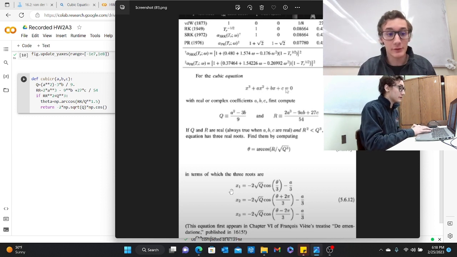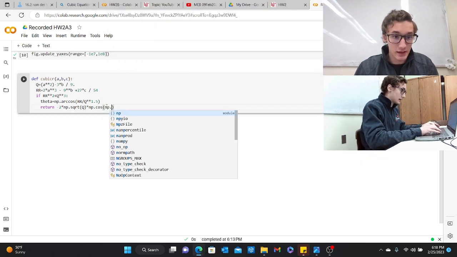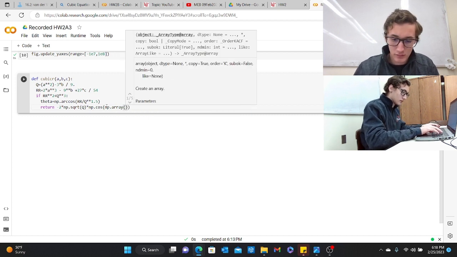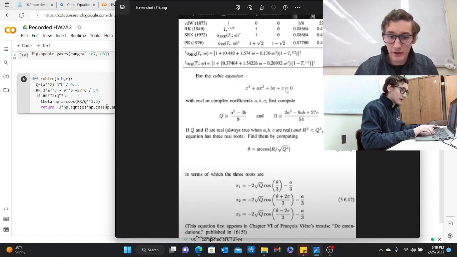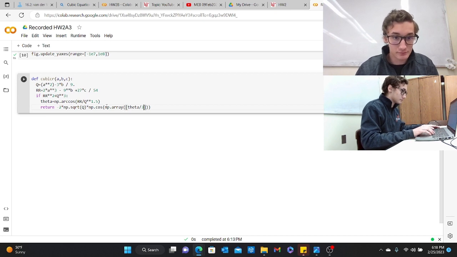So we're going to put that into an array. So it's going to get kind of nasty as np dot array. And so in that array, the first term is theta divided by 3, theta over 3.